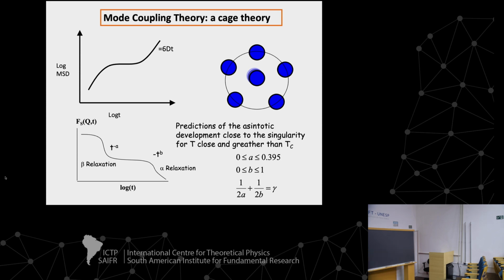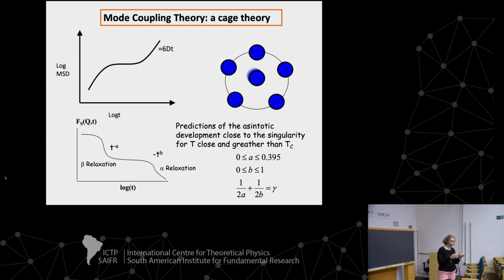So when you're getting close enough to Tc, how close depends on the system, you start having these predictions that you can test when you do molecular dynamics simulation. Mode-coupling theory can be used in two ways. The first: you get the S of k, plug it into the mode-coupling theory equation, and get from there the F of Q,t, or S of k, omega, whatever you want.